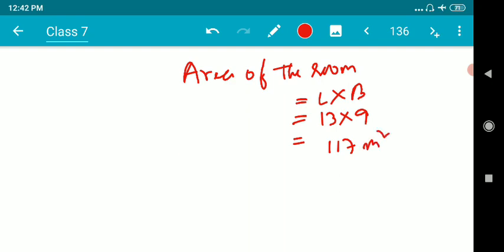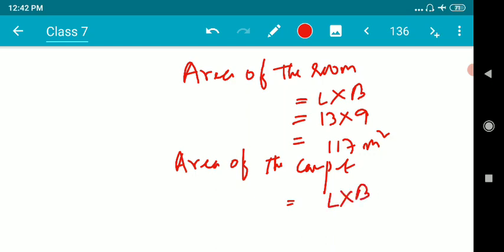Now let's find out the area of the carpet. Area of the carpet is length into breadth. Length is 13 and the breadth is 0.75. Now we can simply multiply by removing the point, where we get 75 into 13.